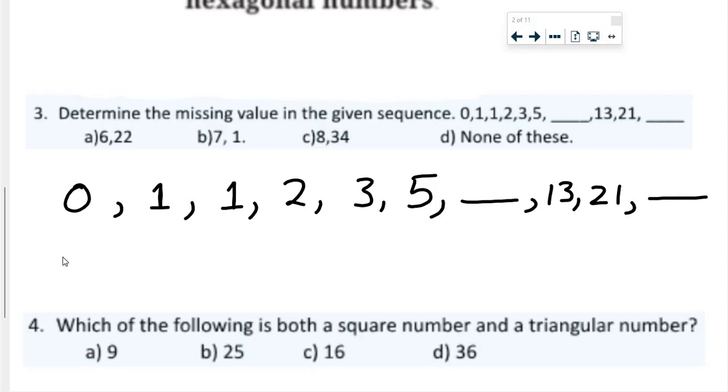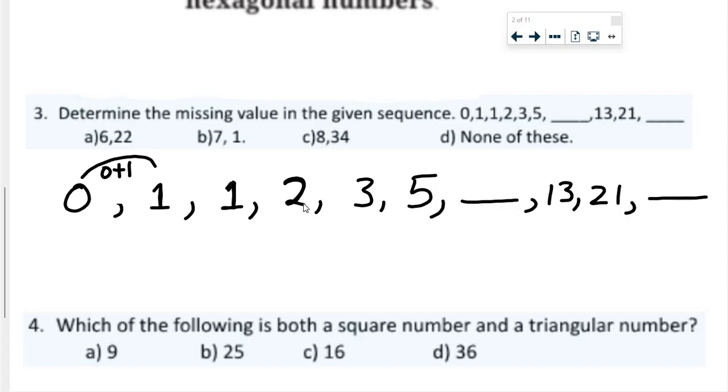So if you study this sequence, from 0 to 1, they're taking 0 plus 1. Okay? So 0 plus 1, you get the next number 1.